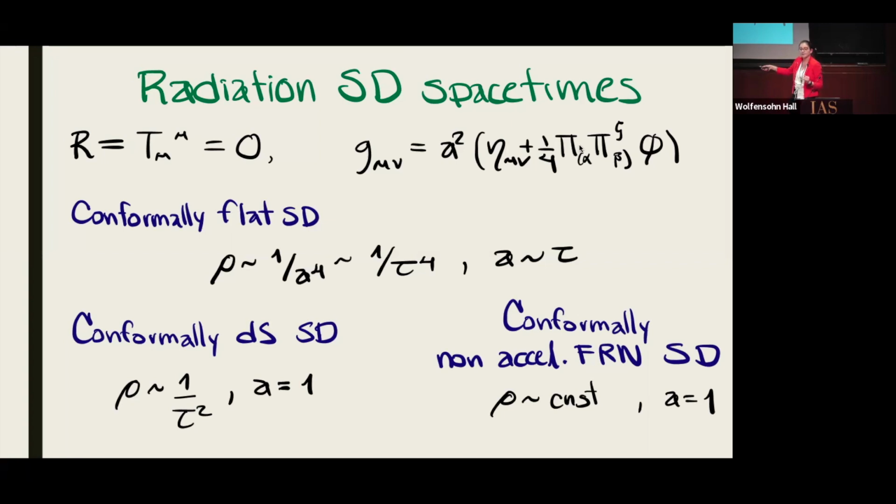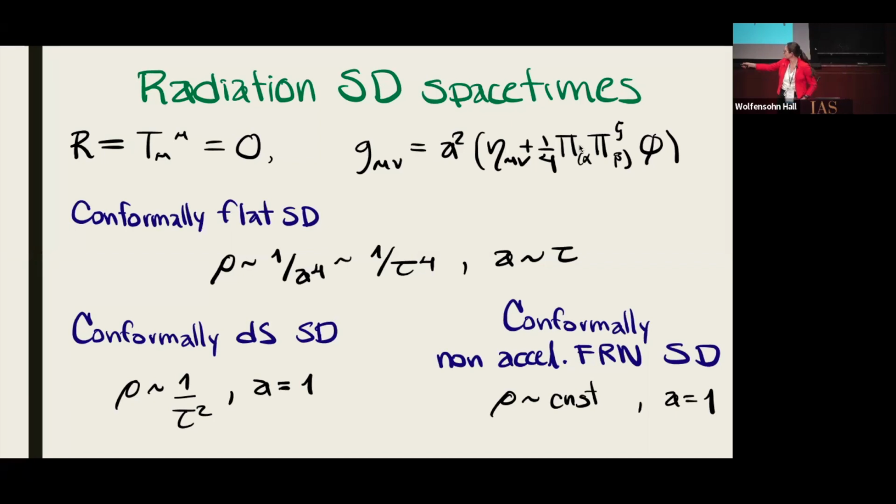But you can also obtain radiation spacetimes, meaning spacetimes sourced by a traceless stress energy tensor, from the other conformal classes. The other conformal classes were the de Sitter self-dual and the non-accelerating self-dual. So in those cases, if the scale factor in front of your metric you set to 1, but here this scalar field satisfies the equations of motion with the Jacobi brackets that are deformed, then you still get that the metrics are sourced by traceless stress energy tensors, but the energy density behaves in a way that's not standard for cosmology.